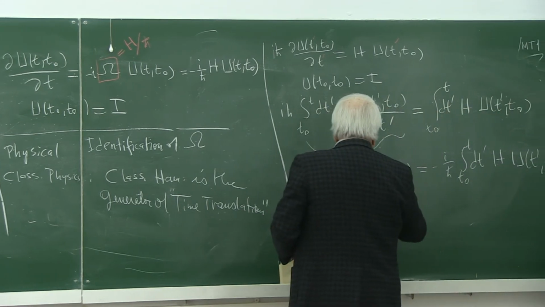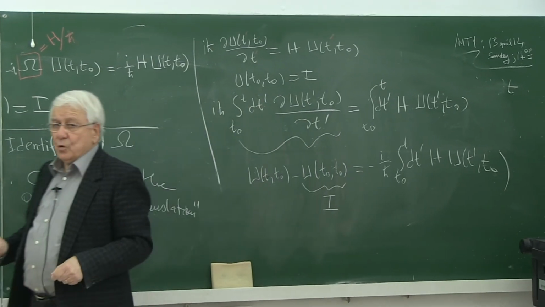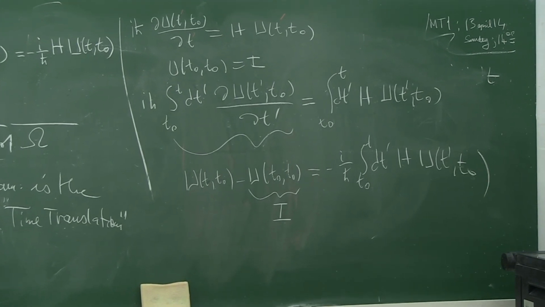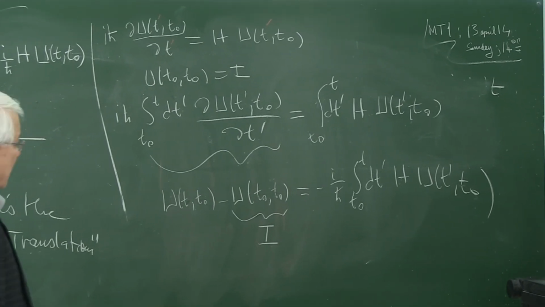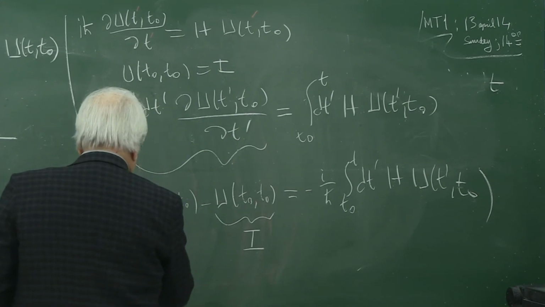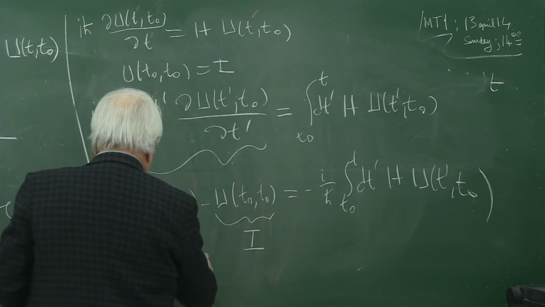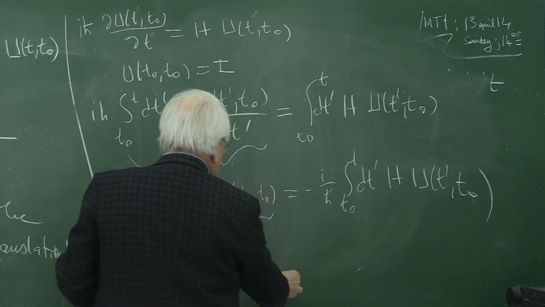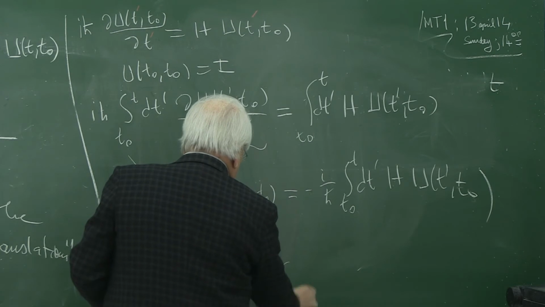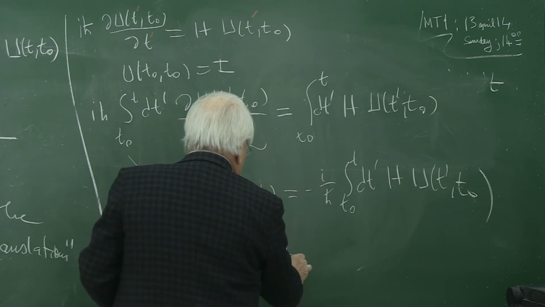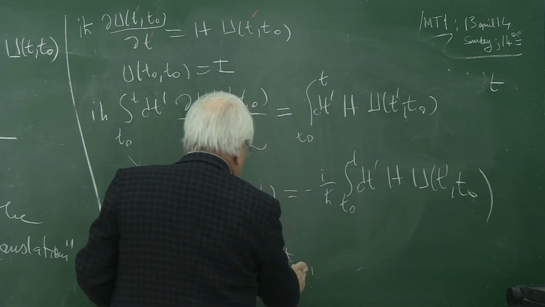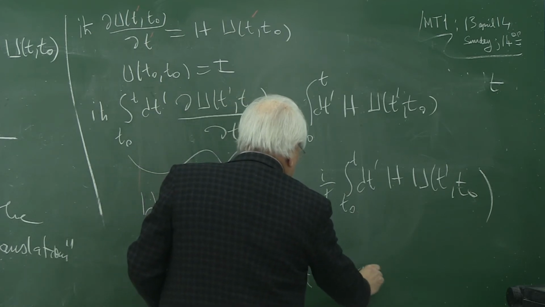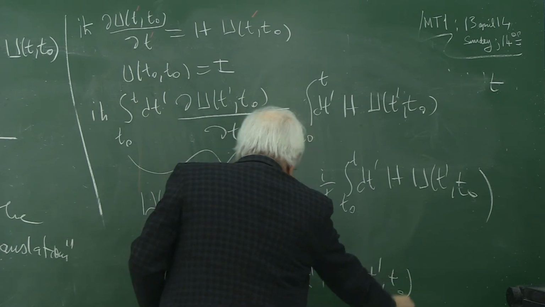Let me use the boundary condition, and that's the reason why I have chosen this particular interval of integral. So that is the no transition case identity. So I have the following equation: U(t, t0) equals 1 minus i over ħ integral t0 to t dt prime H U(t prime, t0).